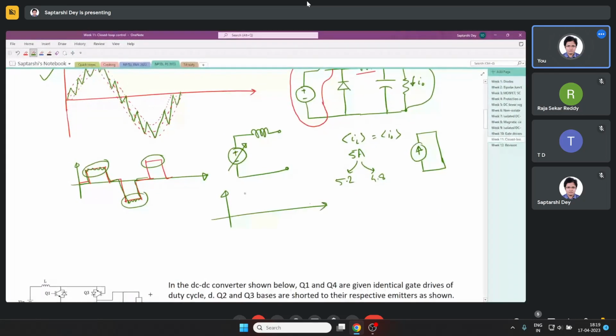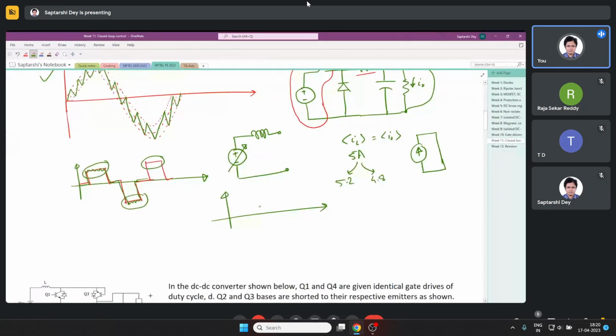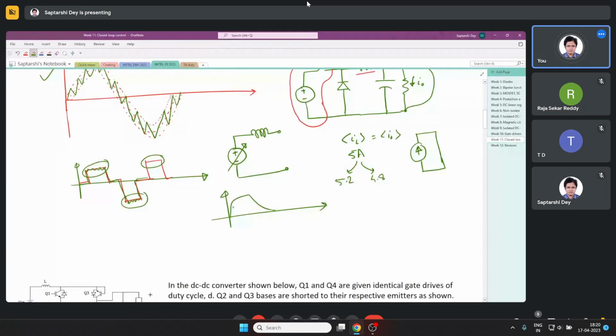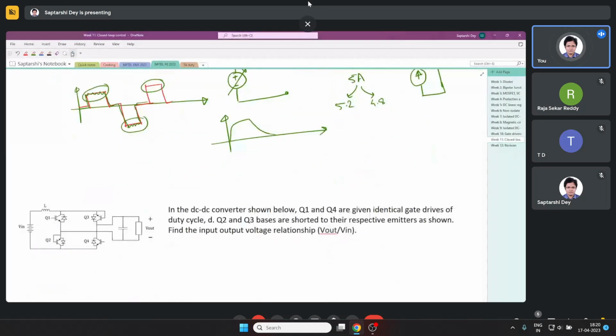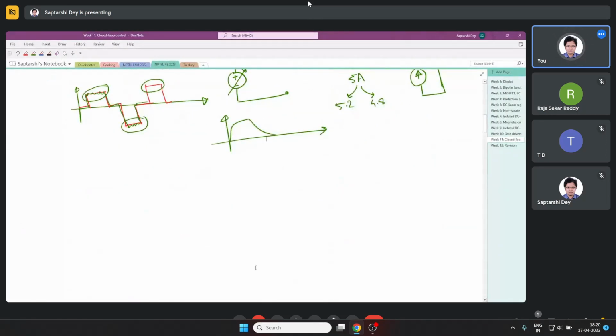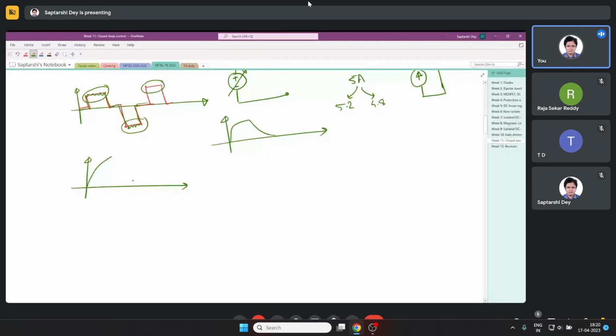Maybe at base speed they draw currents like this, but beyond base speed the current tends to increase. That is very natural. Actually, it's not beyond base speed, below base speed the current tends to increase like in any machine. So the current tries to go like this in an SRM.